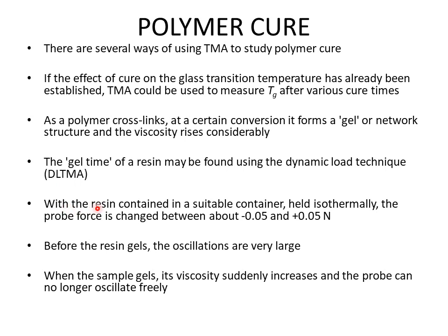With the resin contained in a suitable container held isothermally, the probe force is changed, perhaps from minus 0.05 to plus 0.05 Newton. Before the resin gels, meaning before the gel-like appearance starts, the probe oscillations are observed to be very large.